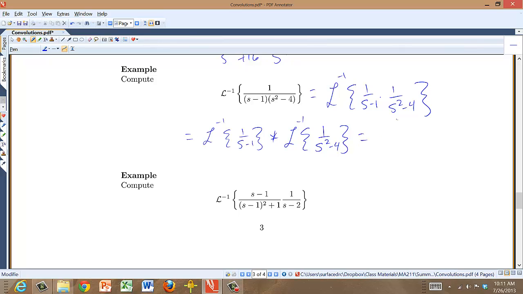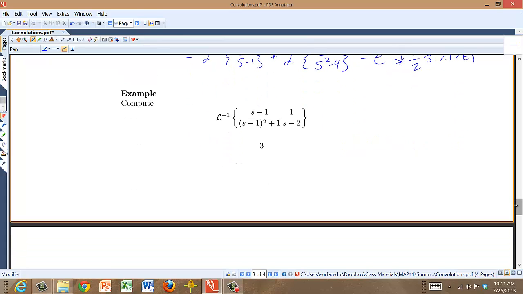That is e to the t convolved with 1/2 sine 2t. Okay, and this next one is the same thing. I could say this is two things multiplied: s minus 1 over s minus 1 squared plus 1 times 1 over s minus 2. So this is the inverse Laplace transform of the first one.